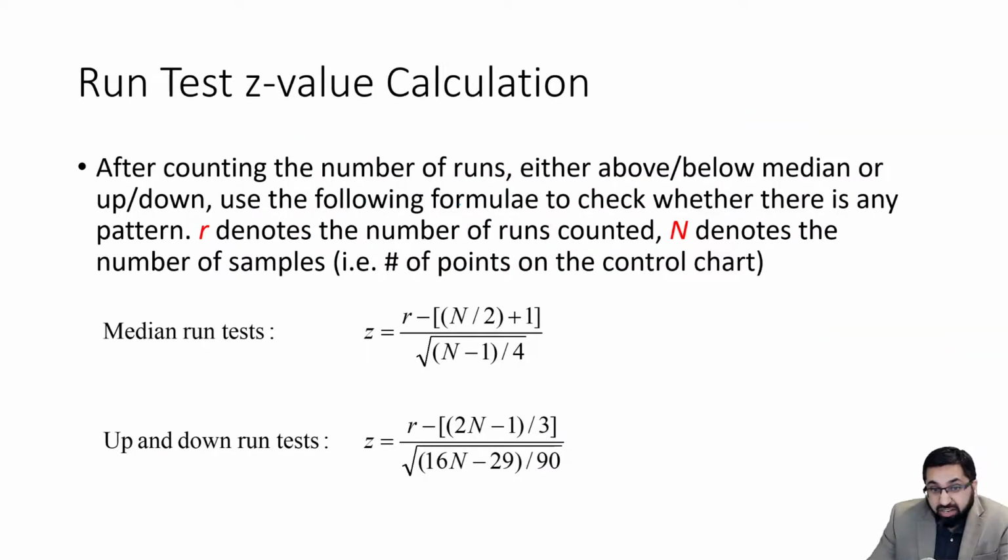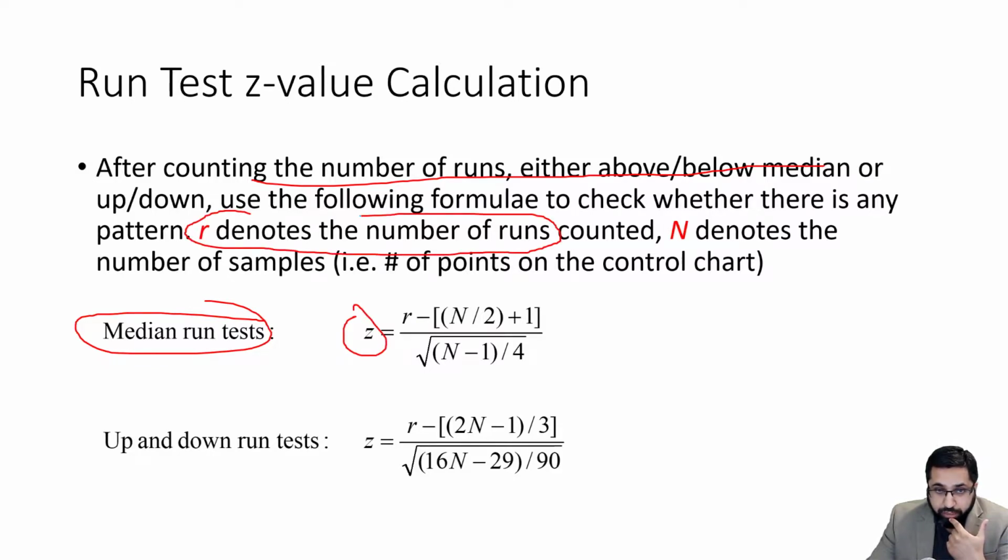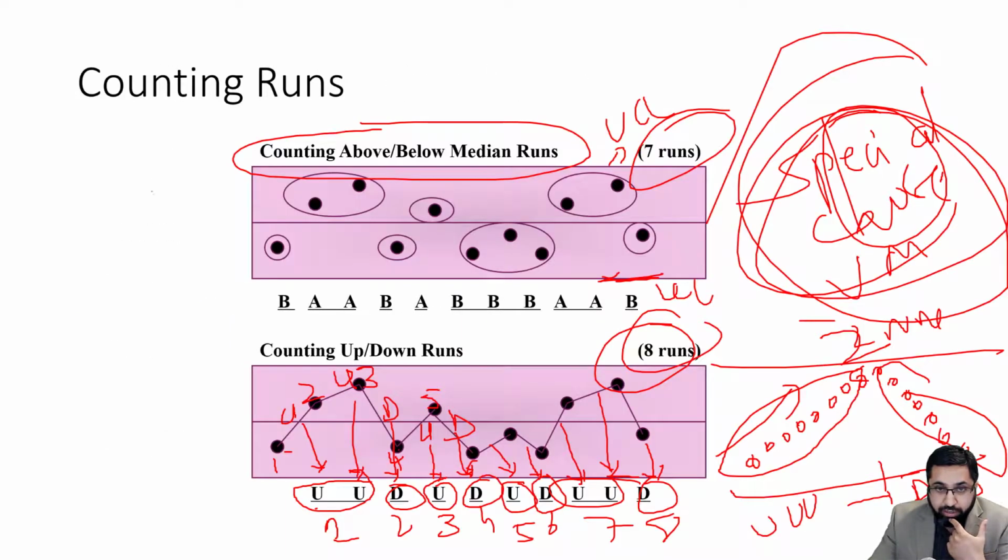So how do we know how many runs are too much or too few? Well, after computing the number of runs, you need to compute this z statistic. R is the number of runs you counted. N is the number of samples. Each point on this graph corresponds to a sample. Why? Because if it's an X bar chart, this point is X bar 1.